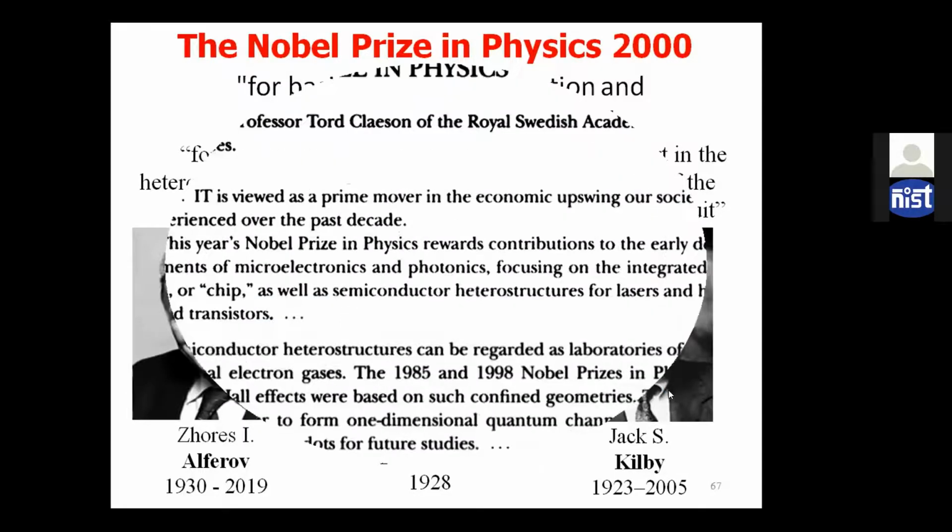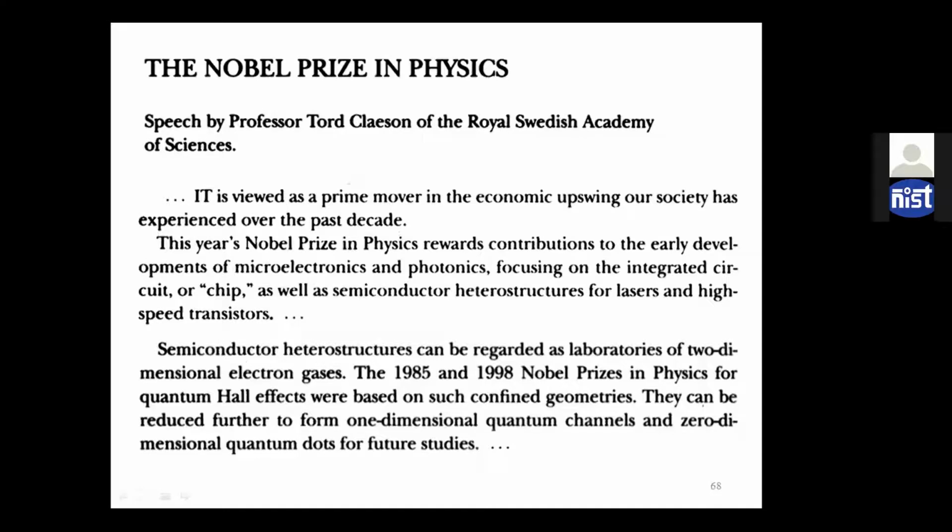Regarding this heterostructure, Professor Carlson of the Royal Swedish Academy of Sciences, I quote, said that it is viewed as a prime mover in the economic upswing our society has experienced over the past decade. This year's Nobel Prize in Physics rewards contributions to the early development of microelectronics and photonics, focusing on the integrated circuit or chip, as well as semiconductor heterostructures for lasers and high-speed transistors.